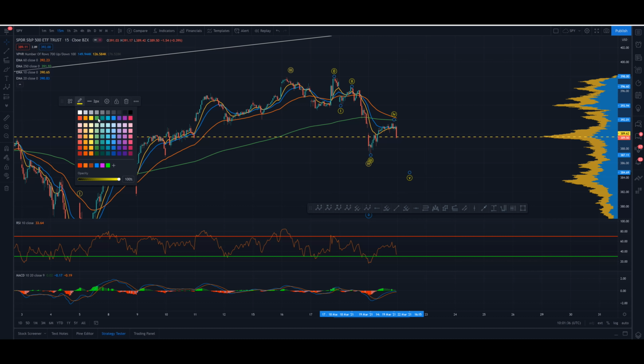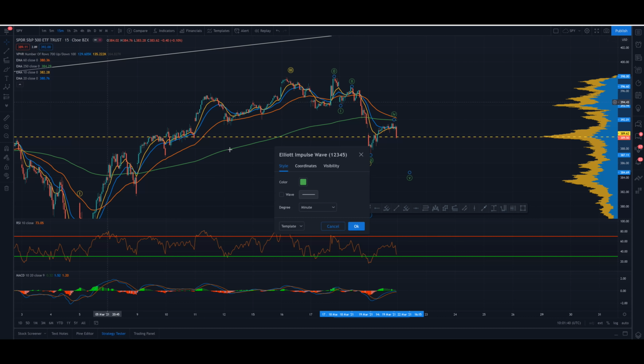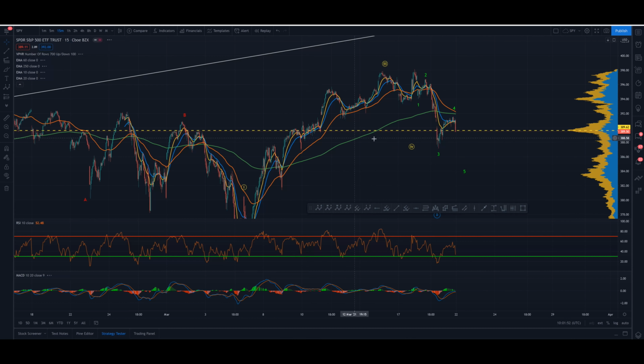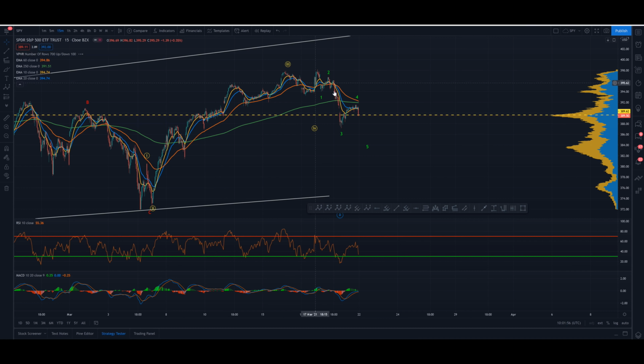So if we were to see this go lower on the Monday and the Tuesday, then we will have to consider this to either be an A leg down into a 3-wave move, or a wave 1 down. So that would cancel out the 3-4 idea for the moment. So we'd have to adjust that.